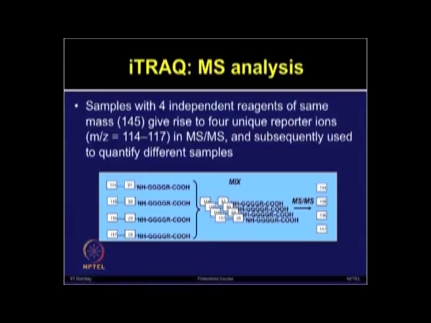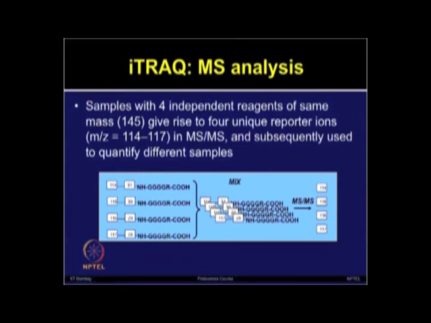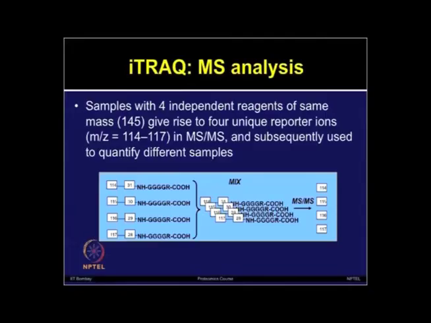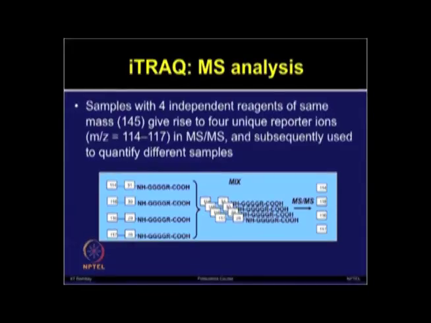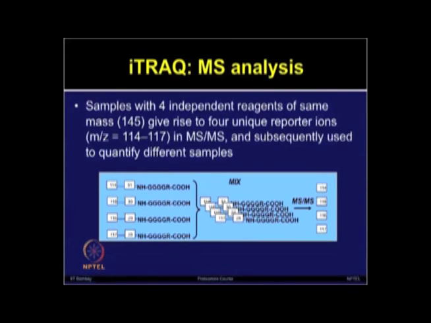4 independent reagents of same mass 145 can give rise to 4 unique reporter ions, m/z 114 to 117, in MS-MS analysis, and subsequently these reporter ions can be used for quantification of different samples.